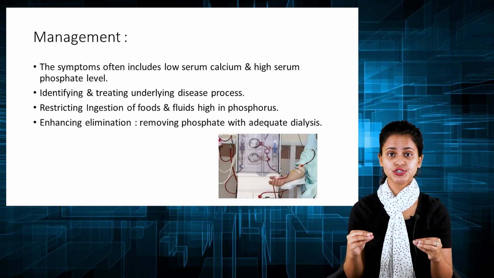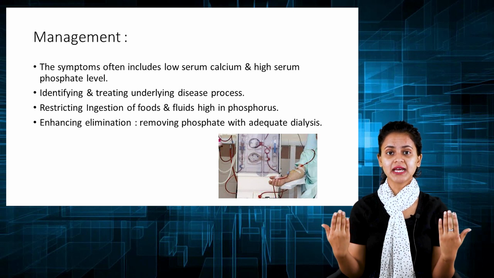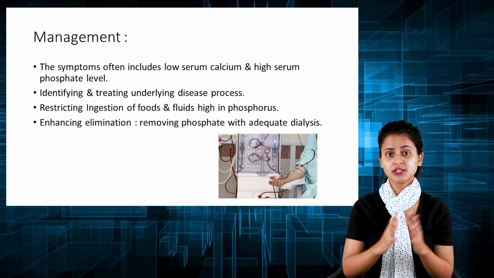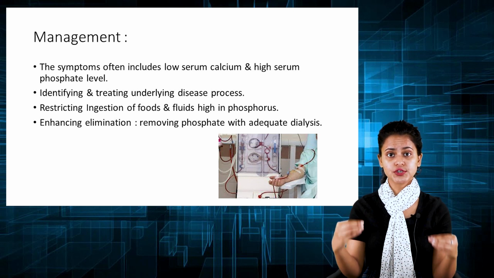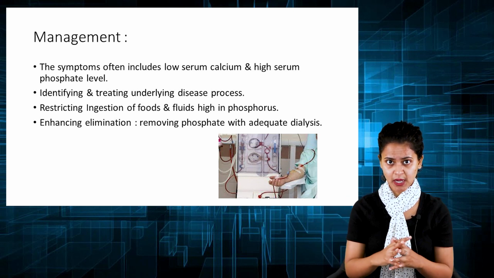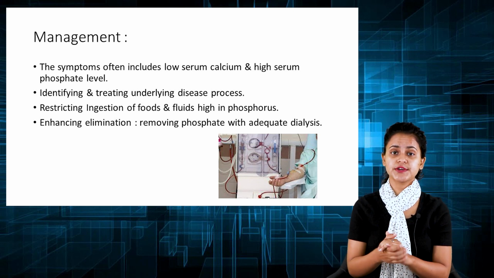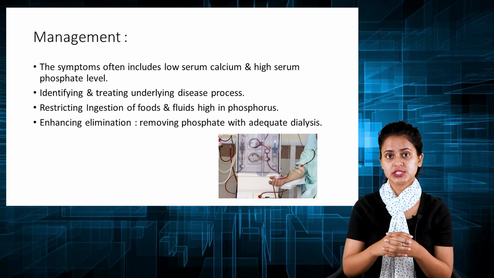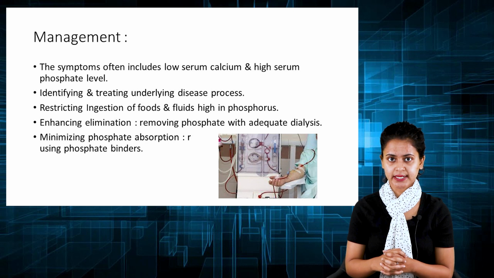Enhancing the elimination of phosphorus plays a very important role. Often a client at high risk of hyperphosphatemia should avoid the administration of phosphorus containing enema. Often the excretion of phosphate will be increased by using a procedure like dialysis, if it is indicated for a particular client.